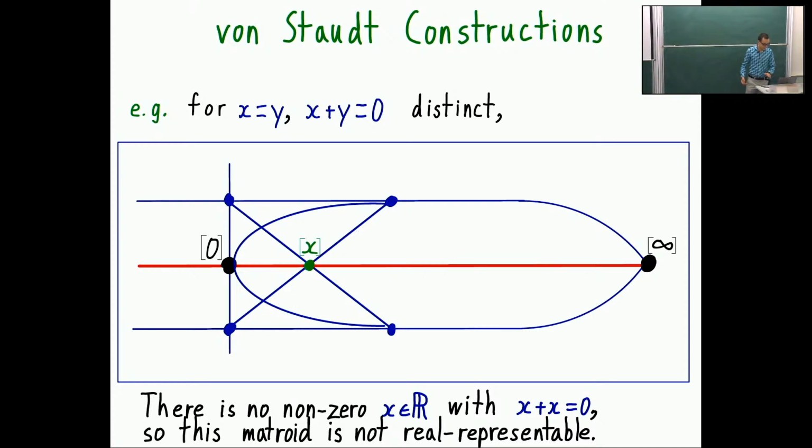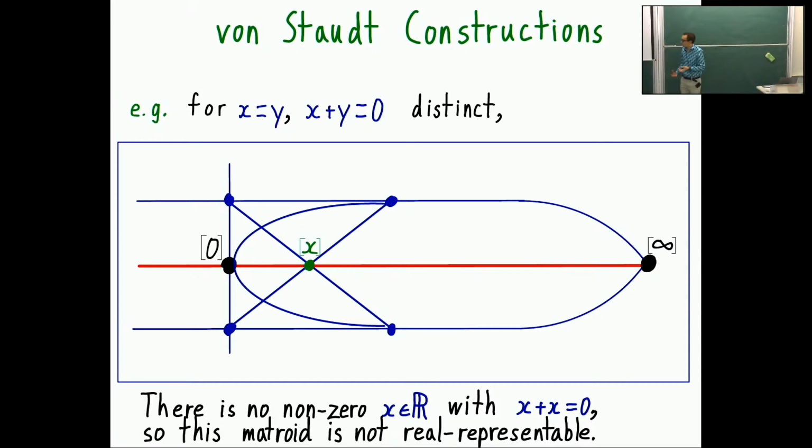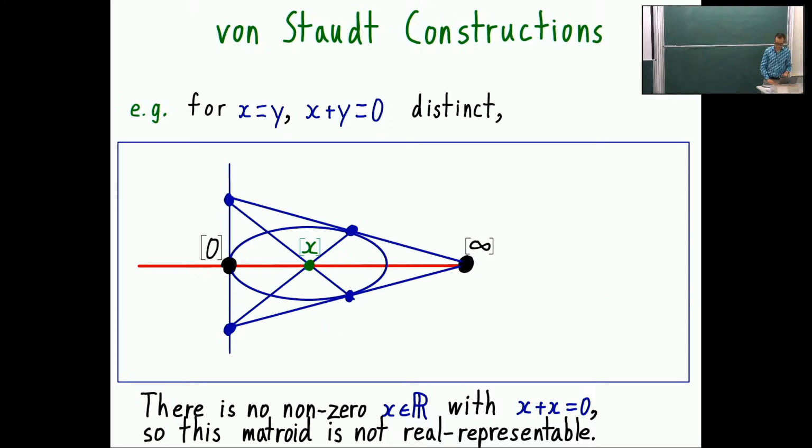But over the reals, you don't have any non-zero element that sums up to 0. So this matroid is not really representable. It's only representable over fields with characteristic 2. And if we draw it, it might be more familiar to some of you, and it is the earlier example I gave. It's the Fano matroid. Okay, so this is one way to enforce algebraic conditions on a line.